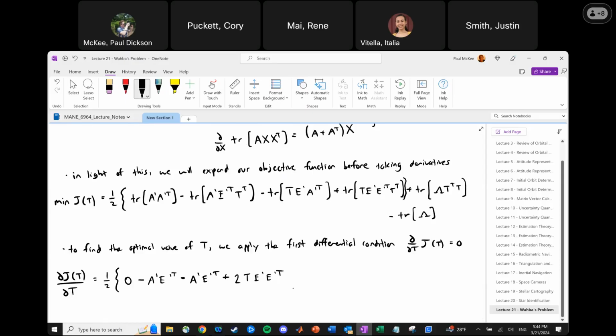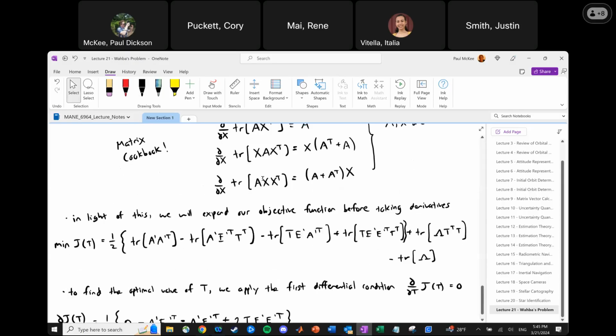And then let's finish it up with one last step. So these are the derivatives of the trace of lambda T transpose T. So I'll do this one. So in that case, that would be what? Well, if we use this third term here, the trace of AX X transpose is A plus A transpose X. I would contend then that the trace of AX transpose X would just be A plus A transpose X transpose, right?